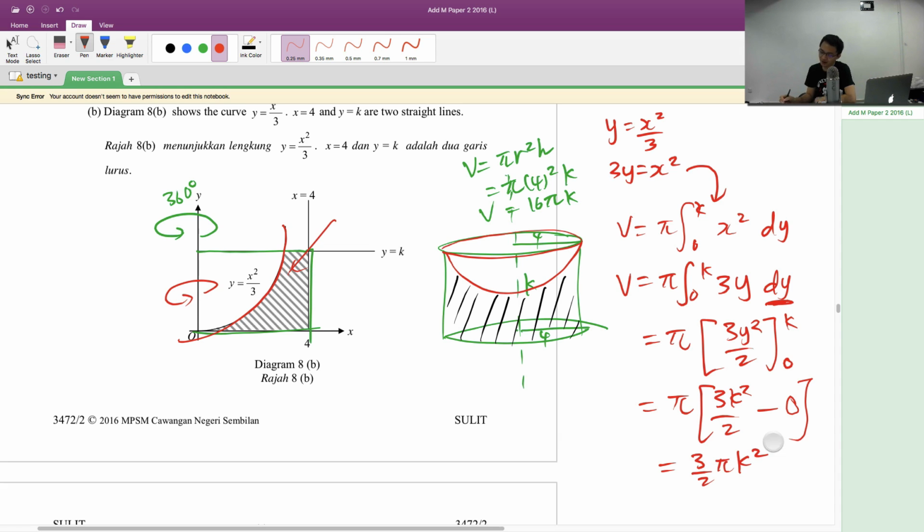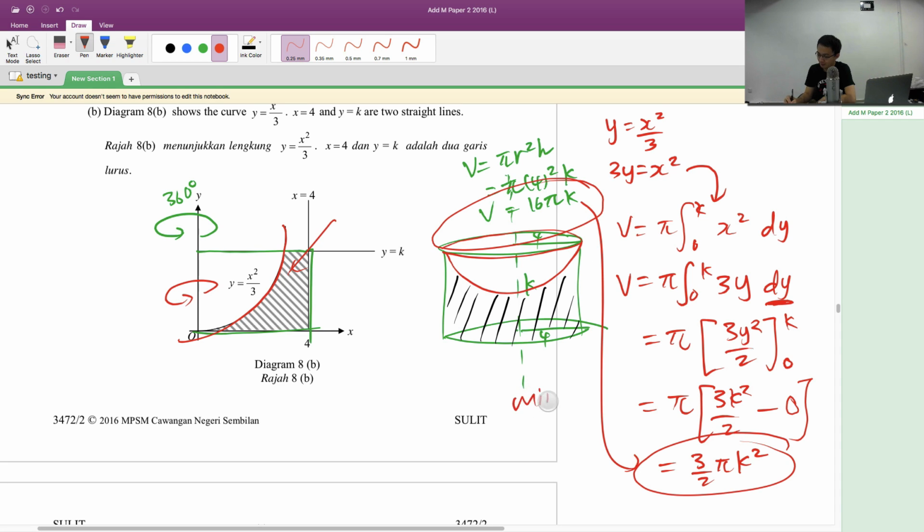Alright, so I want to get the volume of the shaded region. I will use the first one minus the second one. So the volume of the shaded region equals 16 pi k minus 3 over 2 pi k squared.